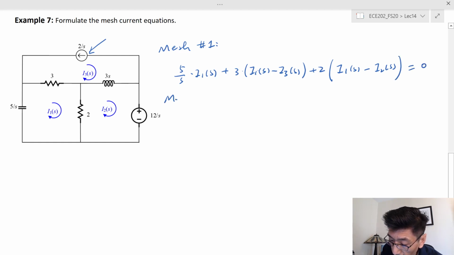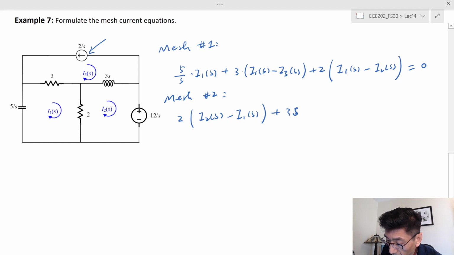And mesh number 2, and still we are choosing the same reference direction for the mesh current. So in this case we have 2 times I2 minus I1, plus 3s times I2 minus I3, and that's equal to negative 12 over s, right?